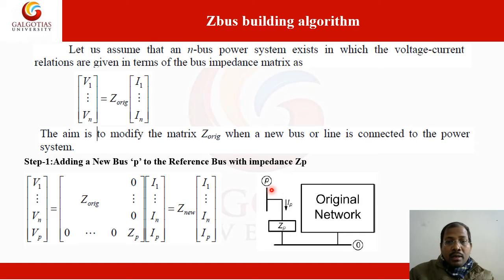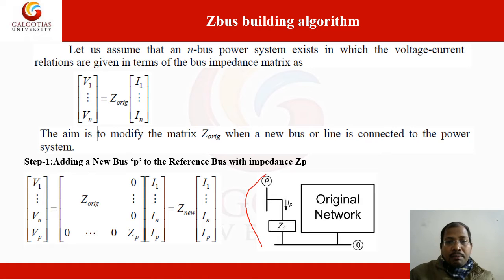So bus P is connected to the reference bus through impedance ZP, and there is the original network whose impedance is Z original. We want to add this new bus P to the reference bus with impedance ZP.